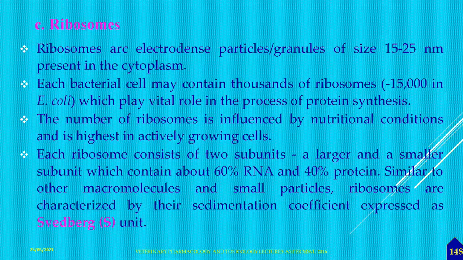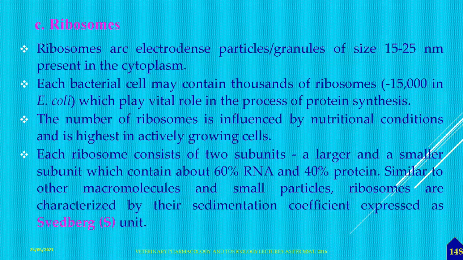Each bacterial cell may contain thousands of ribosomes, about 15,000 in the case of E. coli, which play a vital role in the process of bacterial protein synthesis. The number of ribosomes is influenced by the nutritional conditions and is highest in an actively growing cell.